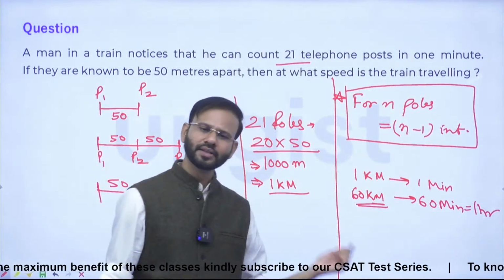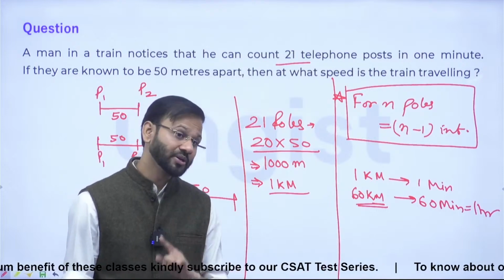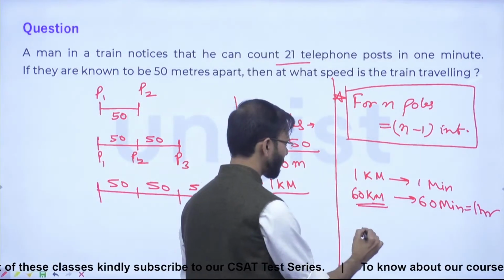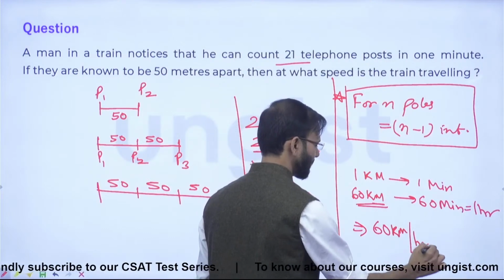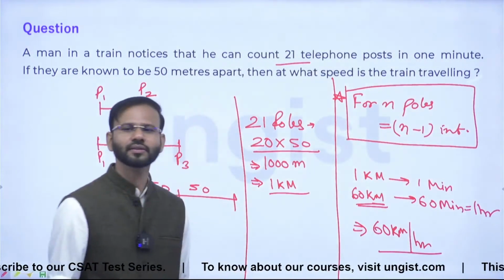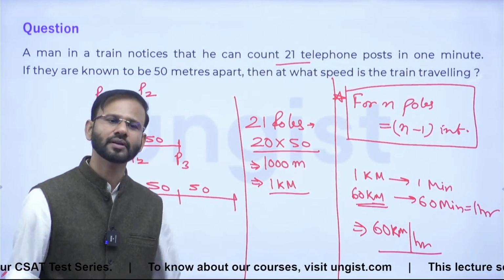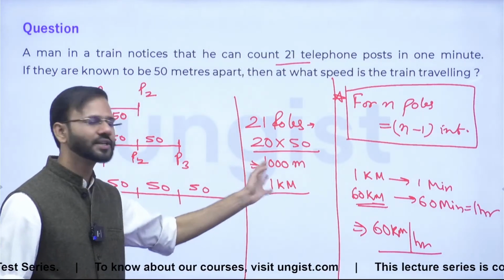So in 1 hour the train is going 60 kilometers. So the speed of the train will be 60 kilometers per hour.